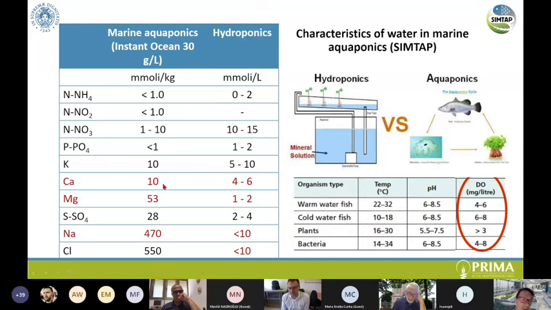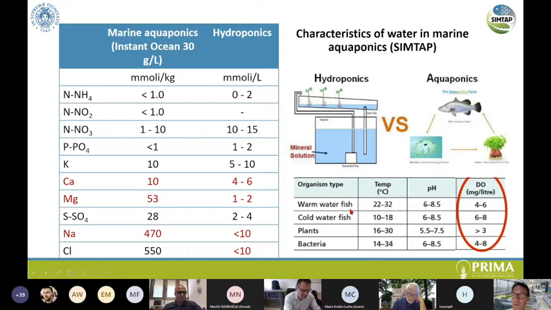The main concern is about the content of some chemical elements, such as chlorine, sodium, and others, as you can see, that are quite high with respect to fresh water.